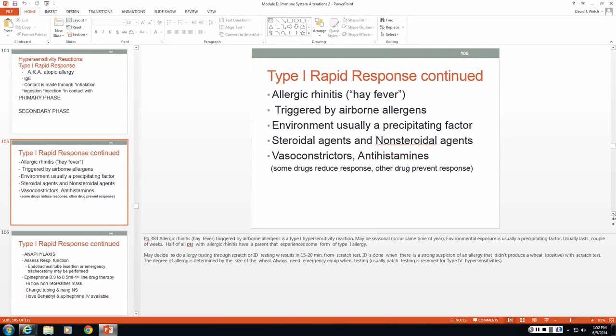So the degree of the allergy is determined by the size of the wheal.